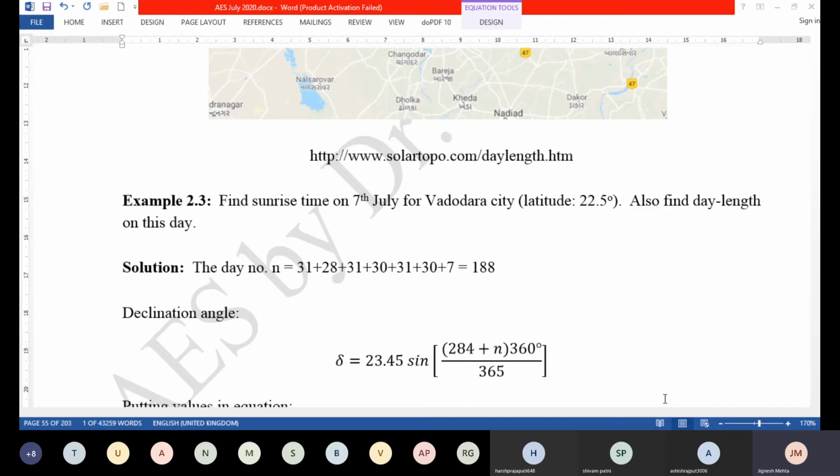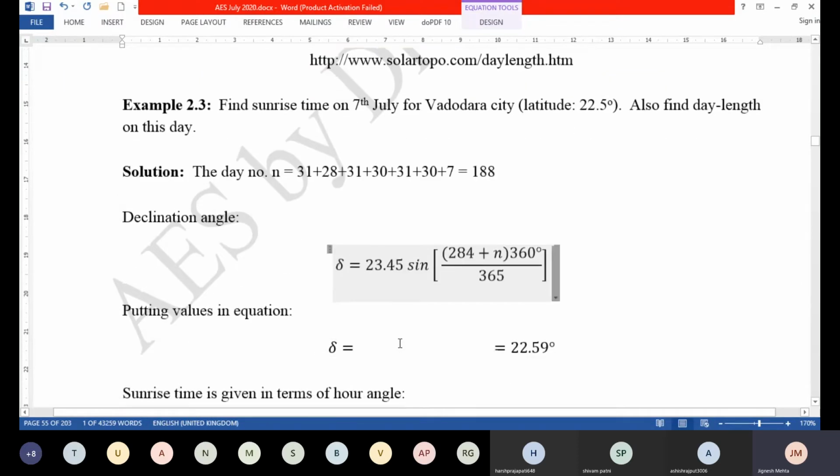If somebody is calculating, he can write calculating, or otherwise I'll move forward. I'm not sure whether you people are equipped with the required tools. 22.59. Okay, good. 22.59, very good.